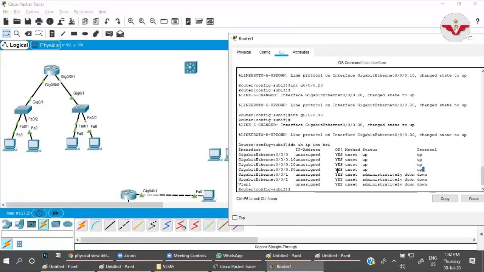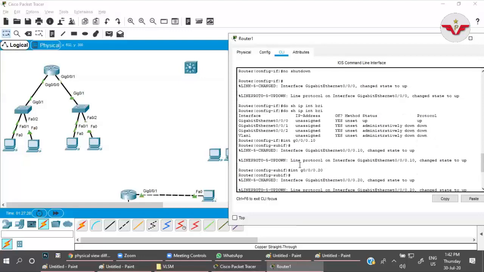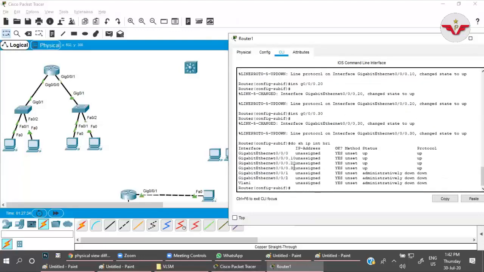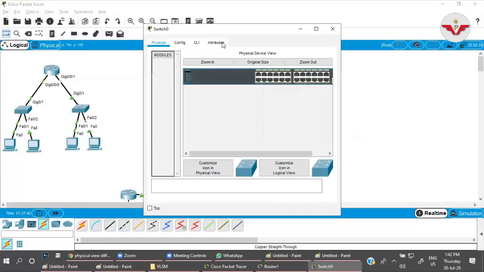Here you can see that we have three new sub interfaces, named 0/0/0.10, 20 and 30, which were not there earlier, and which are part of this main interface. Cool. Done. Now come to the switch.